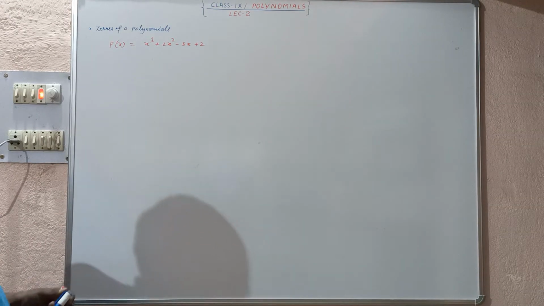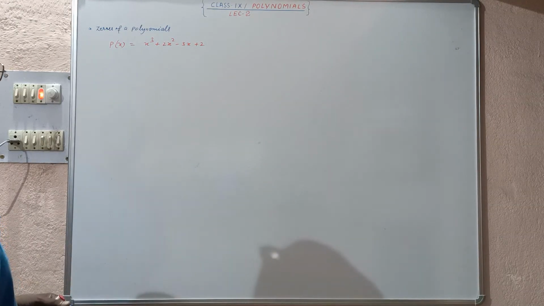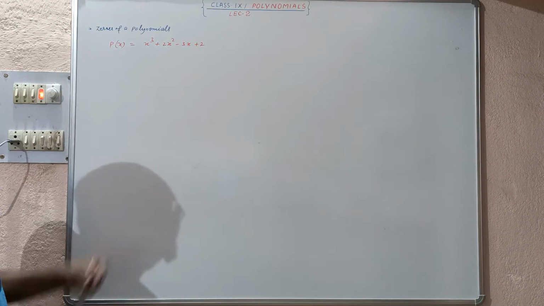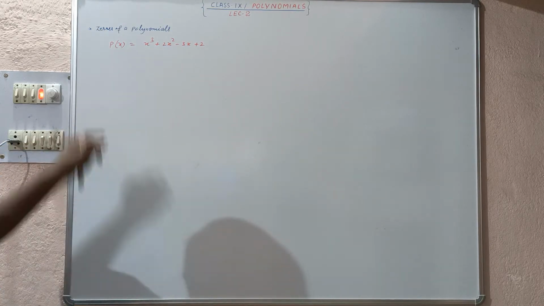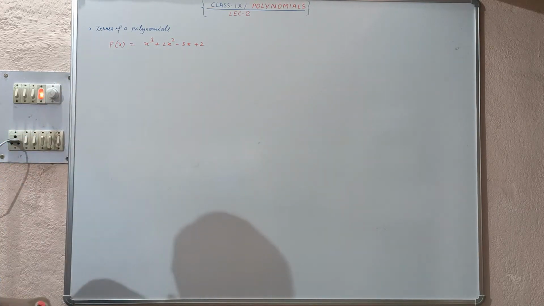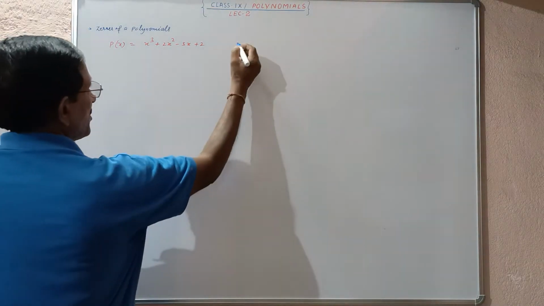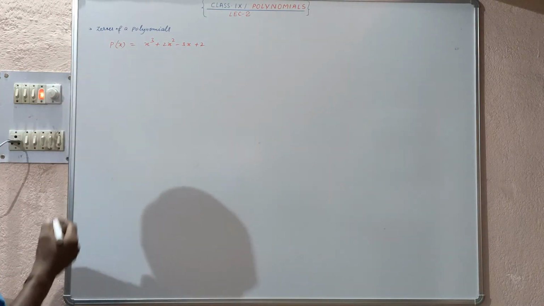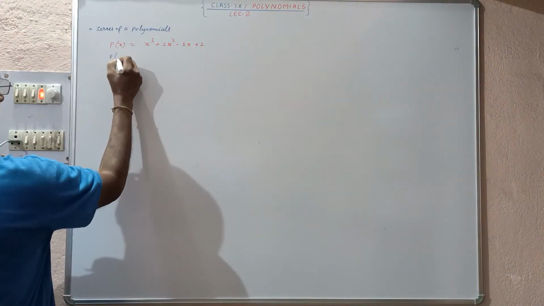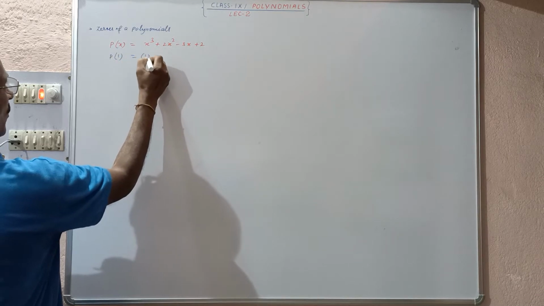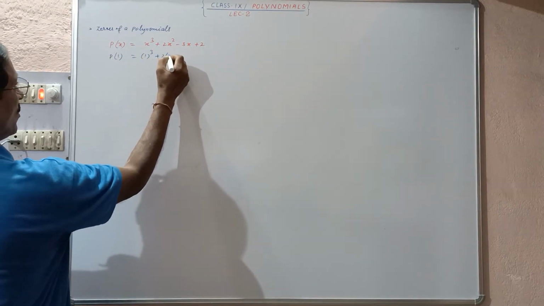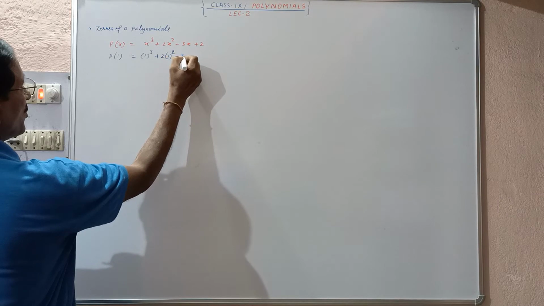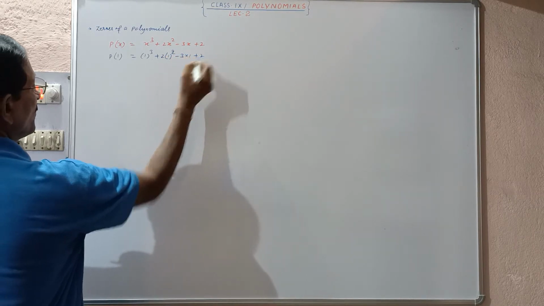Now replace x in this polynomial by 1. That means we put the value of x as 1. It will be p(1) equal to 1 cube plus 2 into 1 square minus 3 into 1 plus 2.